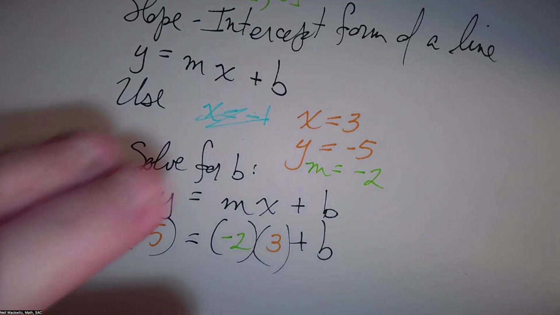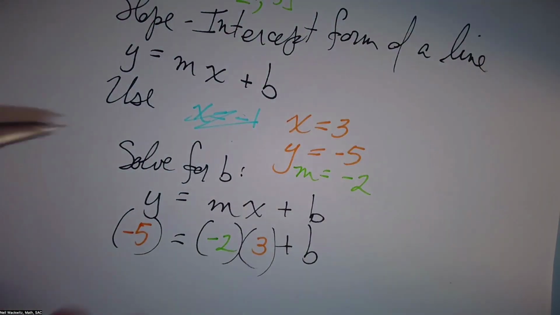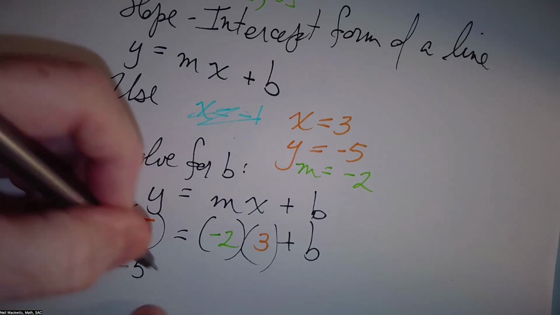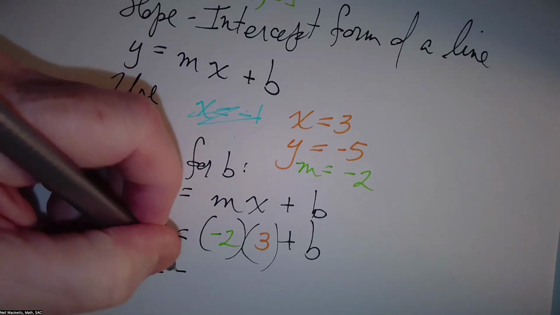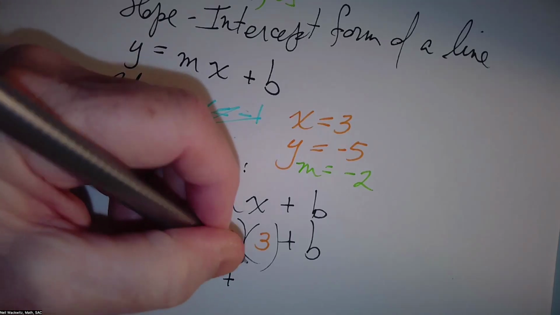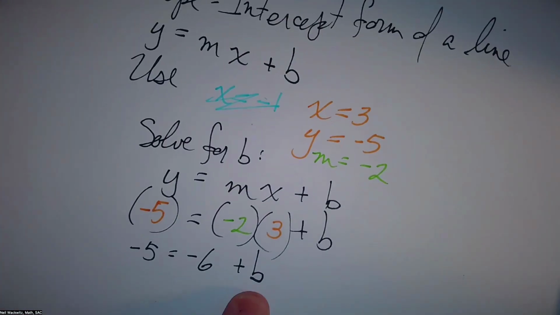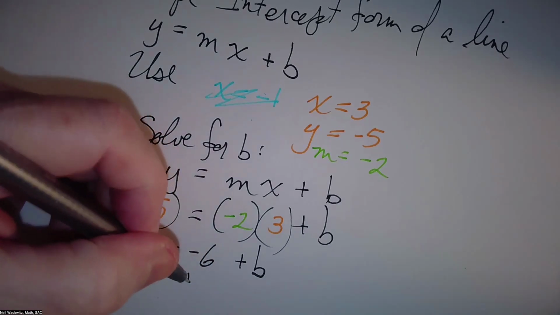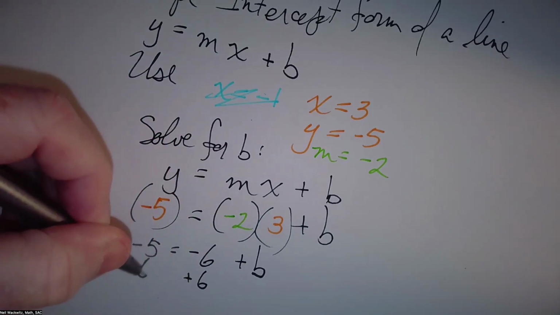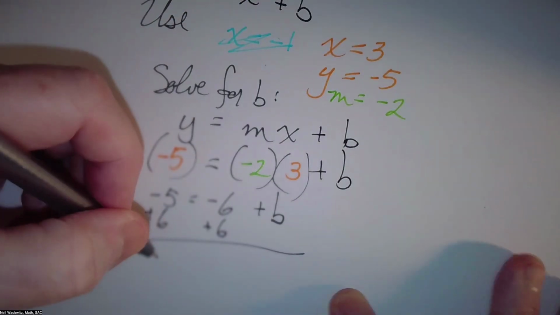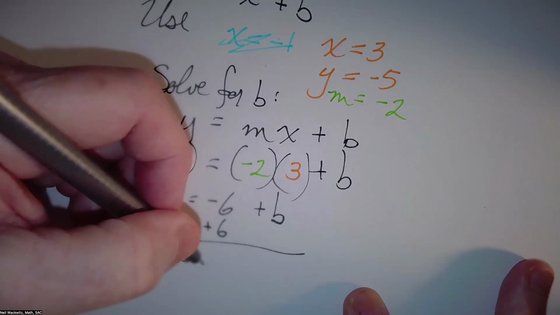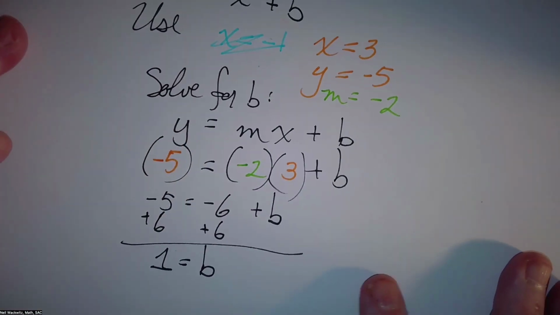That's not so bad. Now let's see what we've got. -5 is equal to -2 times 3, which is -6, plus b. And now we can solve for b. We can add 6 to both sides. And we get that 1 is equal to b.